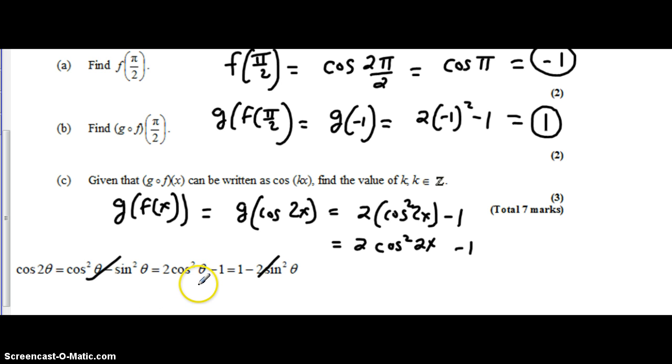And interestingly enough, it's almost the same exact formula here. So if we allow theta to be equal to 2x, it will be the same formula. So 2 cosine squared of theta minus 1 is equal to cosine 2 theta.